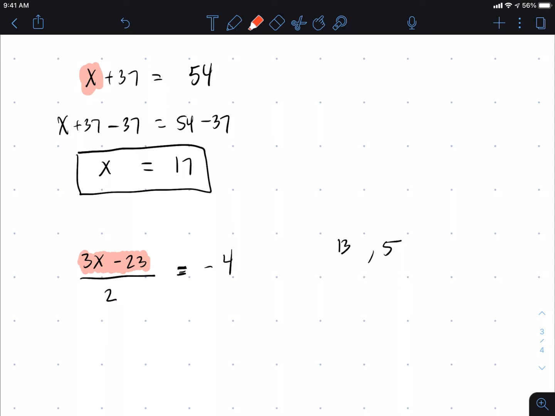By me highlighting that piece, I know that's the thing I want to get alone first. And I need to realize what's happening to that red highlight. It's being divided by 2. So since it's being divided by 2, that tells me I need to multiply both sides by 2.